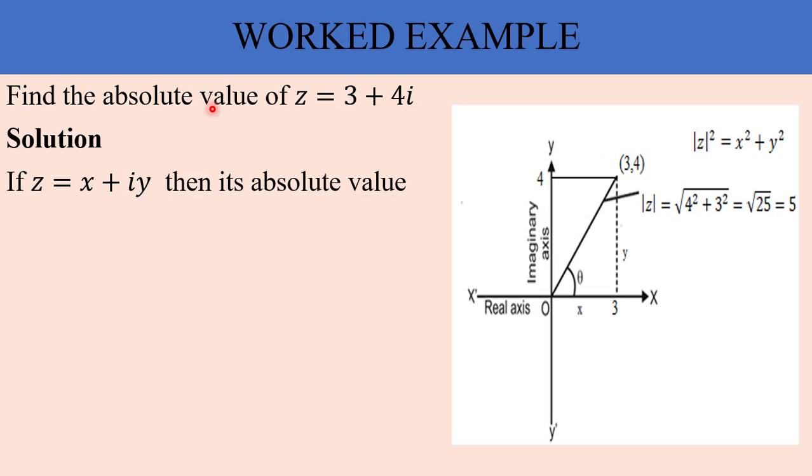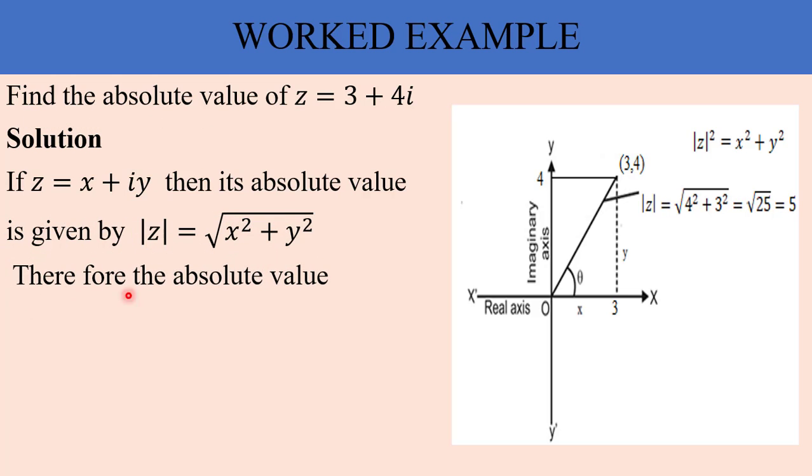This can be obtained as follows: if z is equal to x plus iy, then its absolute value is given by the absolute value of z equal to the square root of x squared plus y squared. So our task is to identify x and y in this complex number. Our value of x is 3 and our value of y is 4. So it will be a matter of substituting 3 and 4 here.